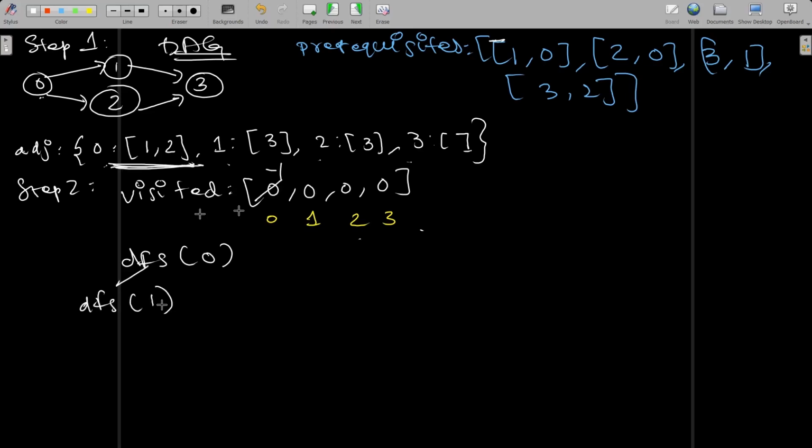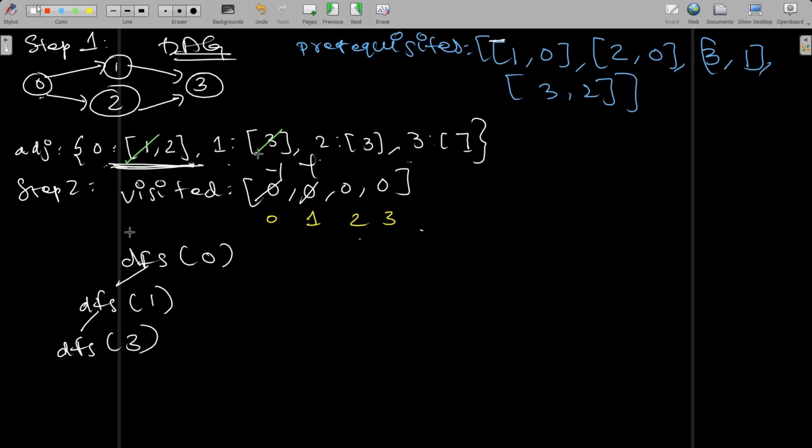Node 1 is getting visited, so we go to node 1 and visit 3, and change the visited value to -1. Now we go inside its list and see that we have 3. We perform a DFS call on 3.